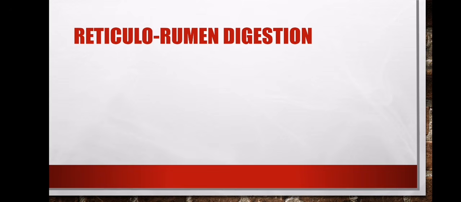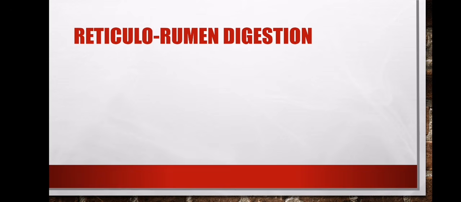Remember, we said what takes place in the rumen and reticulum is microbial digestion. So we're trying to look at it now whereby we say it's reticulo-rumen digestion. Now we will answer the question that says, how is a ruminant adapted to digest cellulose?